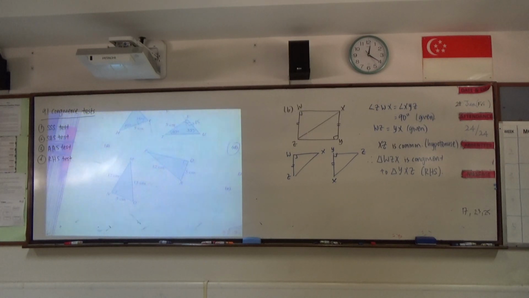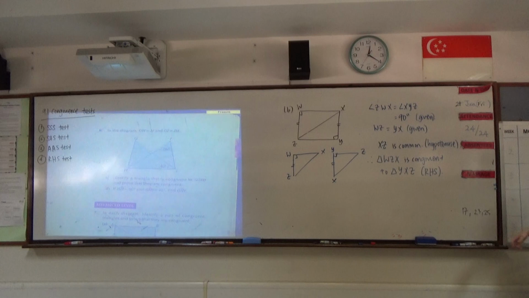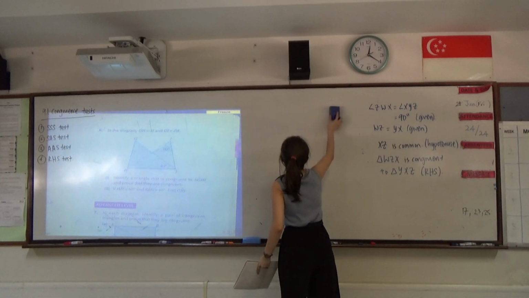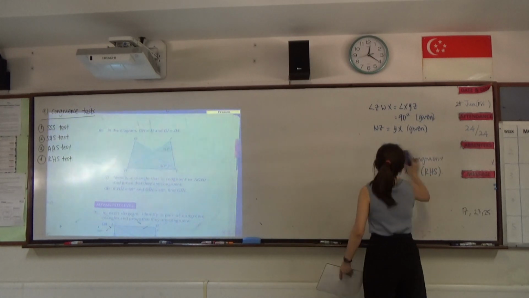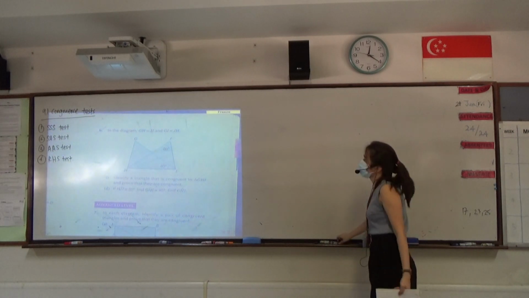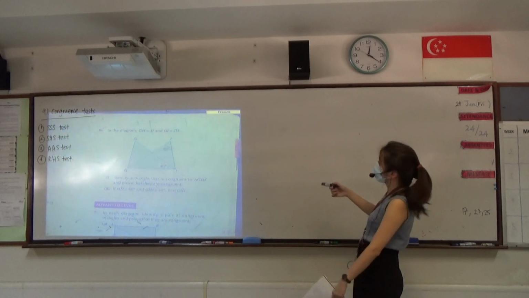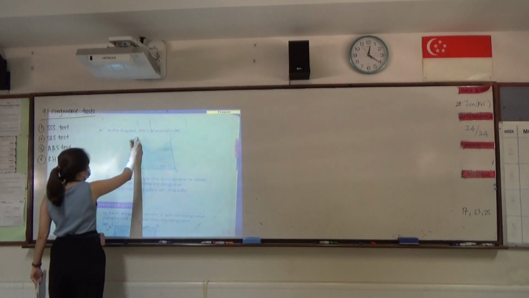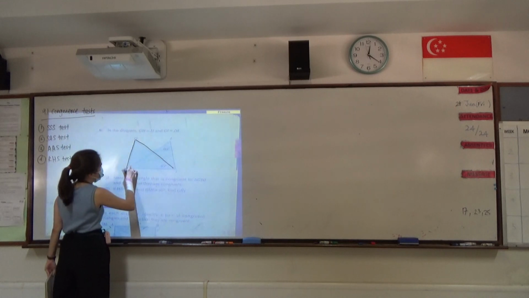Now, going back to exercise 9A, question 6. Since I'm on the visualizer, I shall capture this. Okay, so we are given this diagram here, and GH is equals to JI. Let me draw it clearly.